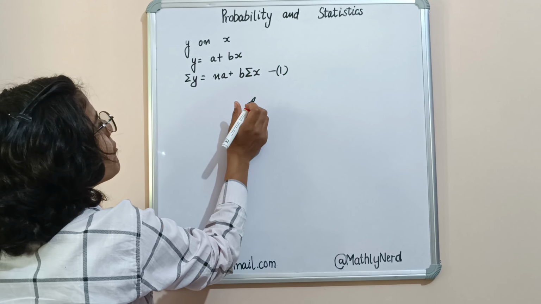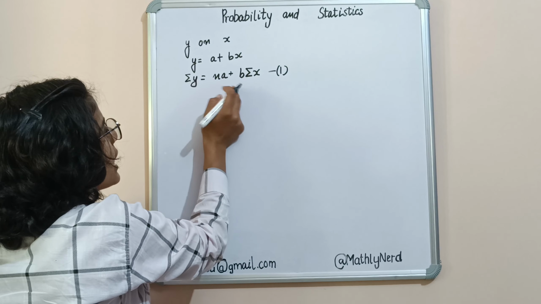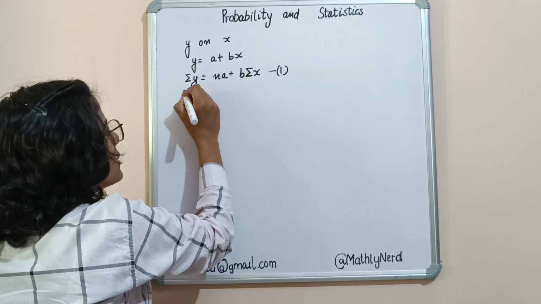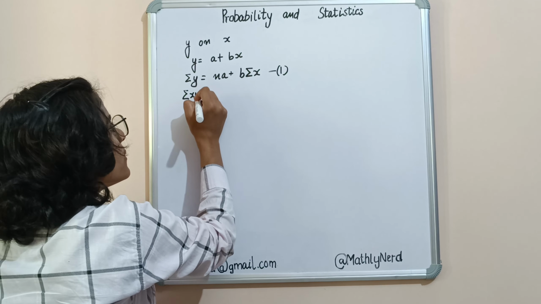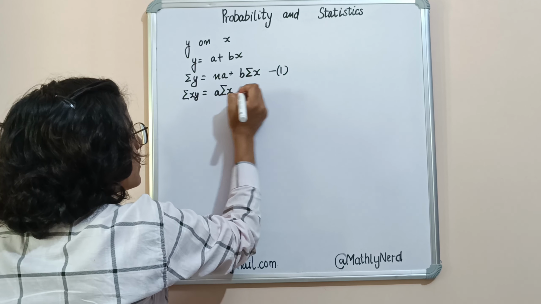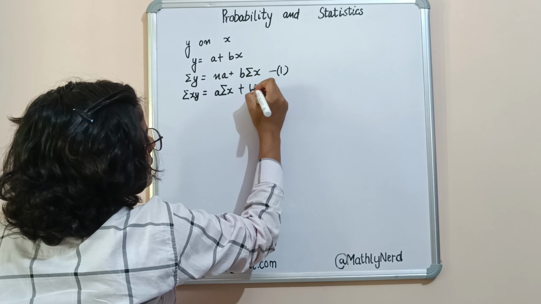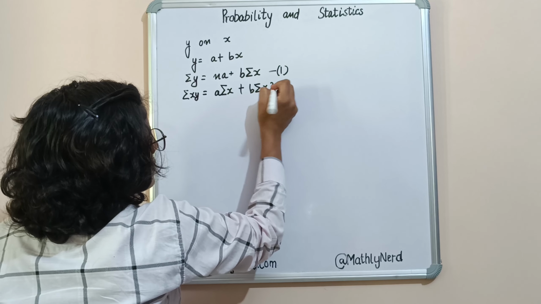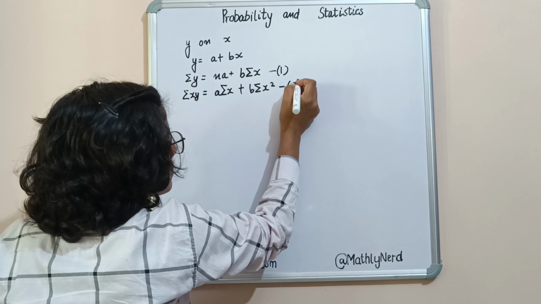Similarly, if we multiply both sides by x and sum, this will be summation xy = a summation x + b summation x square. This was our equation 2.